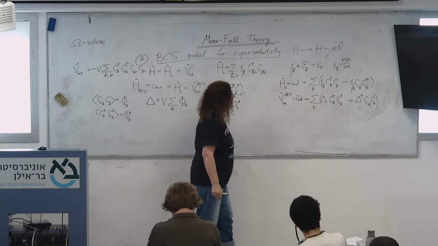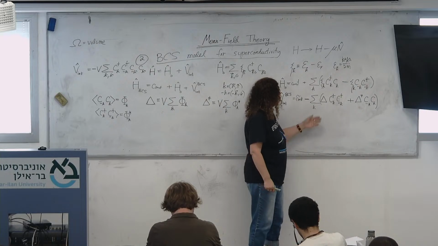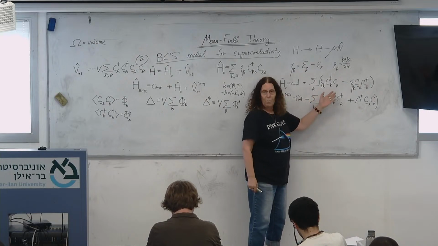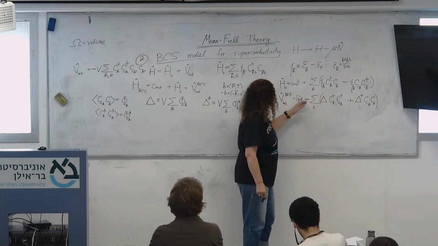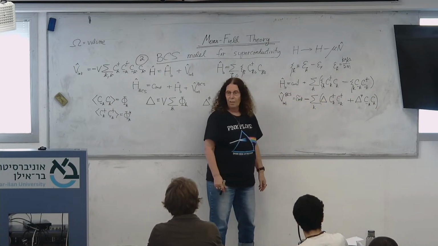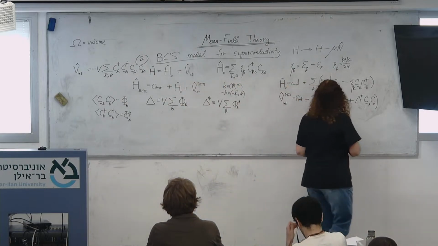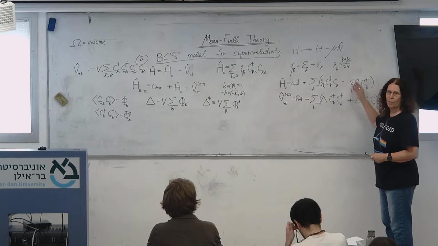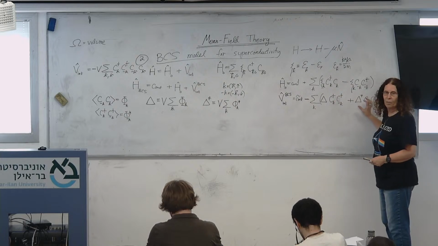I get something very simple, and in fact, it's a single body Hamiltonian, but the way it is written, the two terms together are not diagonal, because here I have C dagger C, and here I have C dagger and C, right?